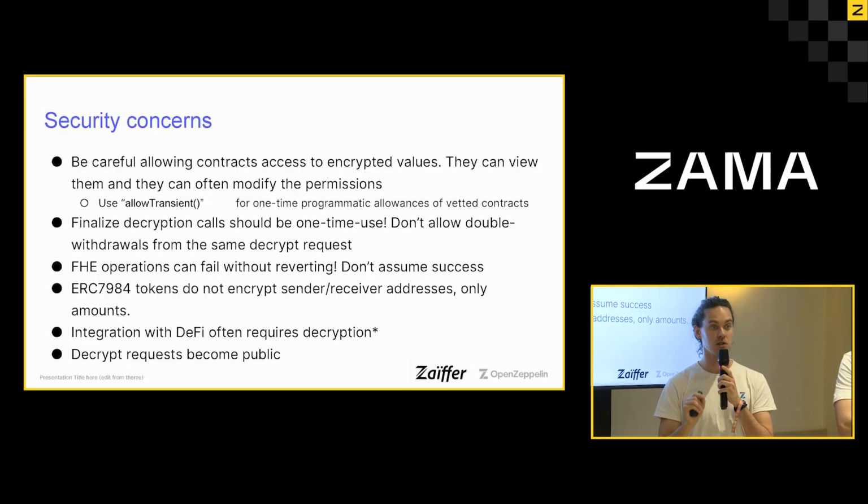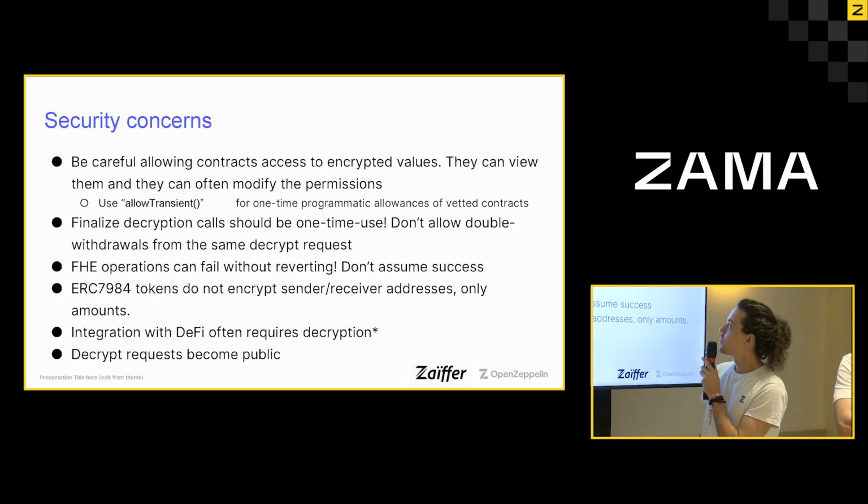Once you've done that, they have it forever, and they can give that access to other people, unless you're giving them transient allowance, which is just for that specific transaction. So keep that in mind. Be very careful who you give allowance to, because they can basically see that value forever now.